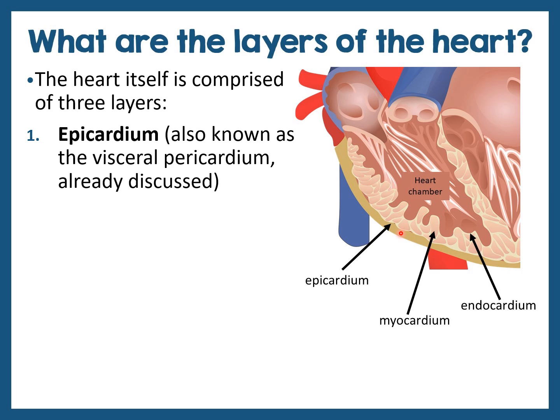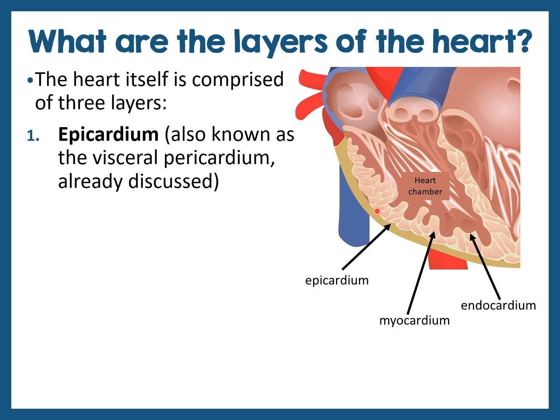So this is that outermost layer of the heart, and it is also that visceral pericardium that we just talked about. They are the same layer. But when we're talking about body cavities, it'll be referred to as the visceral pericardium. But when we're talking about the layers of the heart, it's going to be referred to as the epicardium.